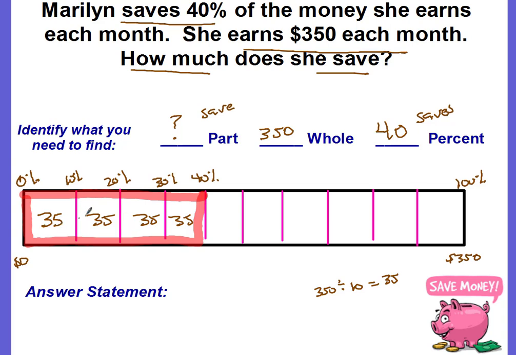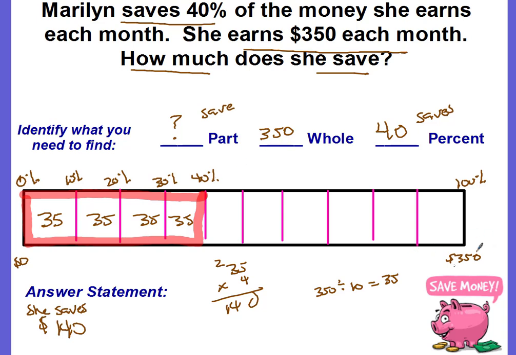And I could either add 35 together 4 times or multiply 35 times 4 because it's in 4 parts and get $140. So she saves $140.